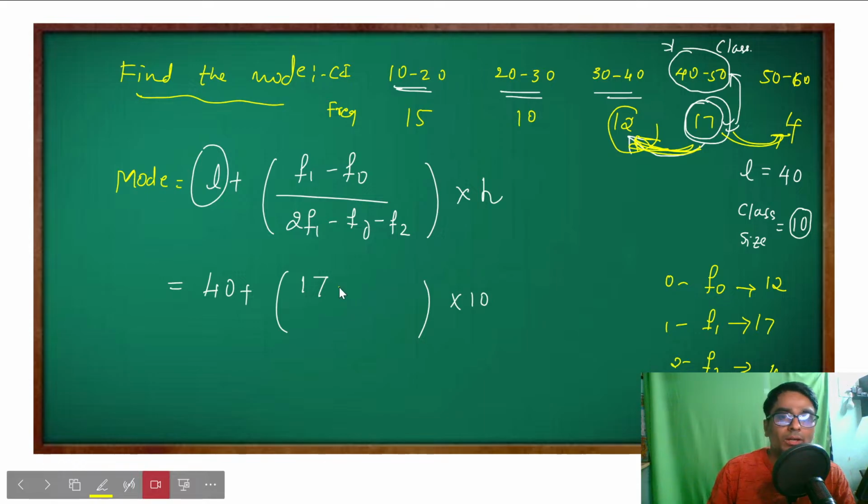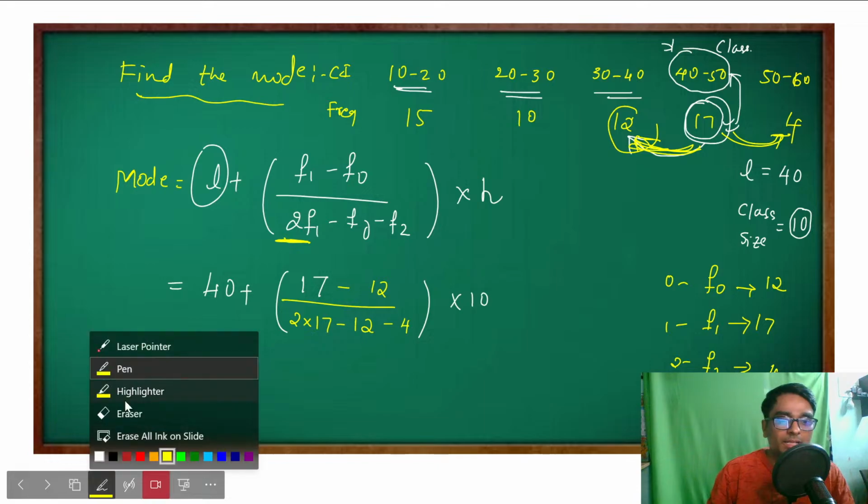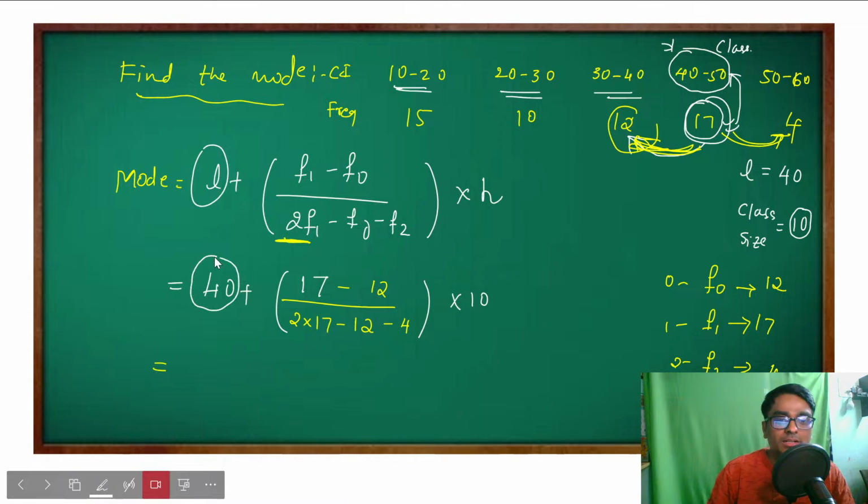Just put all these numbers here now. So F1 minus F0 is 12 divided by, here I have 2 F1, means I have to do 2 into F1. So 2 into 17 minus again F0, 12 minus F2 is 4. Okay. Now this step, listen to me carefully here. Don't touch this number until you reach the end.